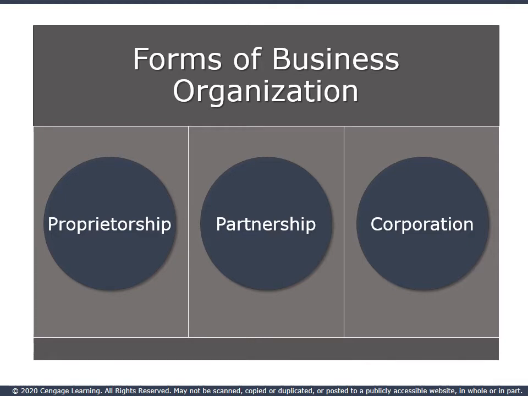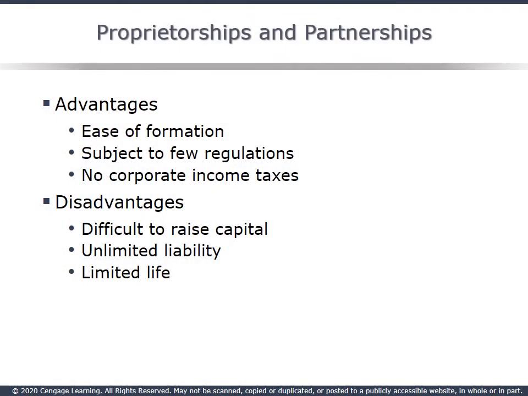The sole proprietorship, the partnership, and the corporation are all basic forms of business organization. Proprietorships and partnerships. A sole proprietorship is an unincorporated business owned by one individual.